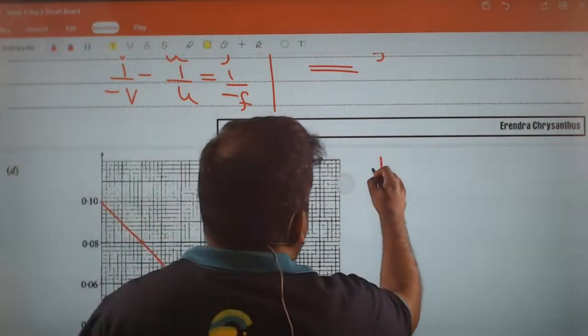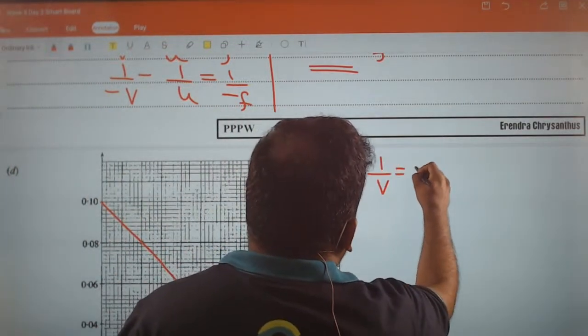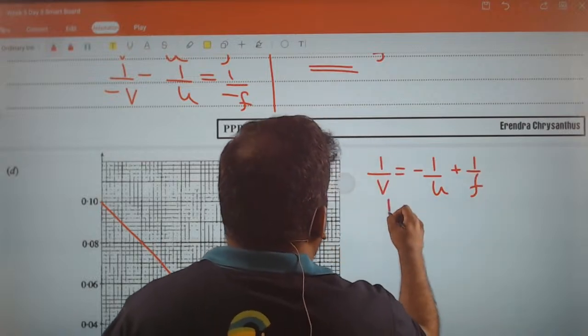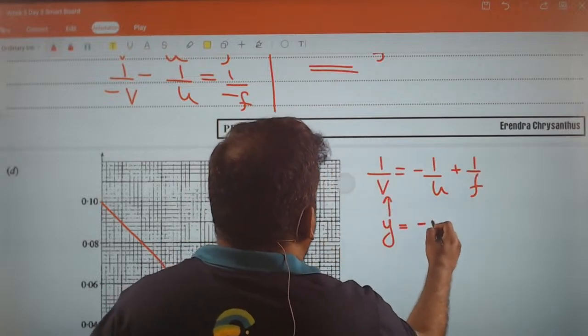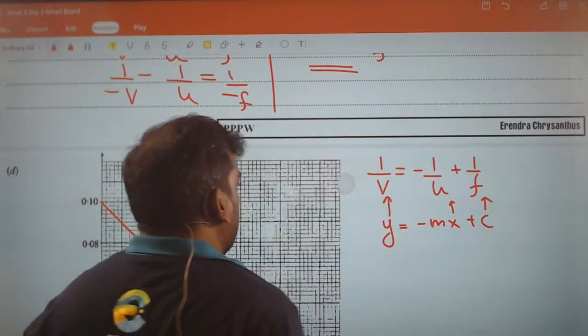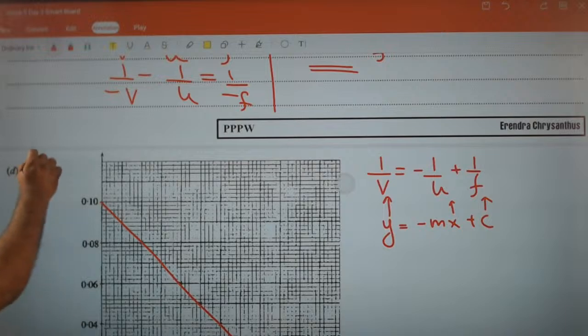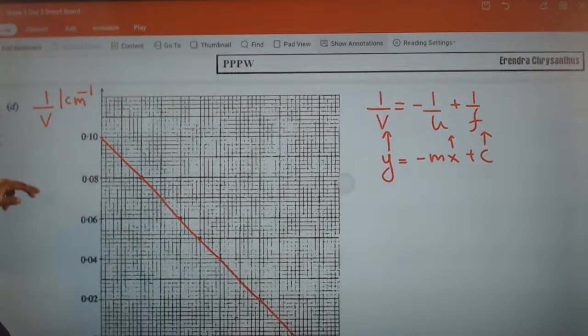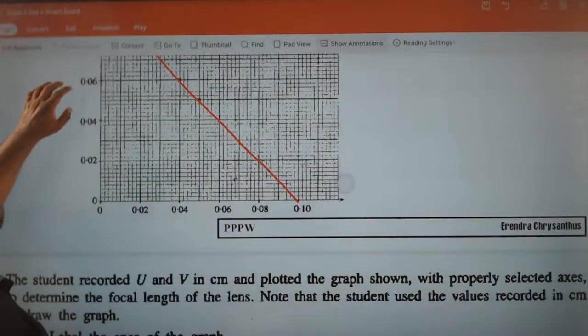Now 1 over v minus 1 over u is equal to 1 over f. That is y equals minus mx plus c. So your y-axis is 1 over v per centimeter. Please name the axes. If you don't name the axes, you won't get marks.